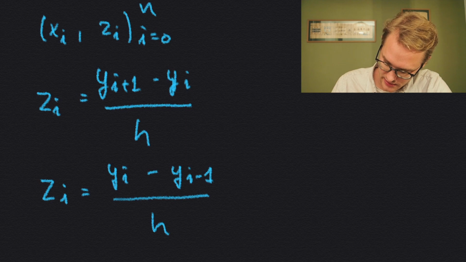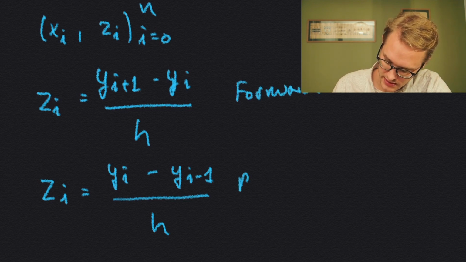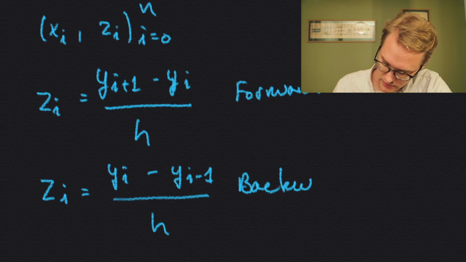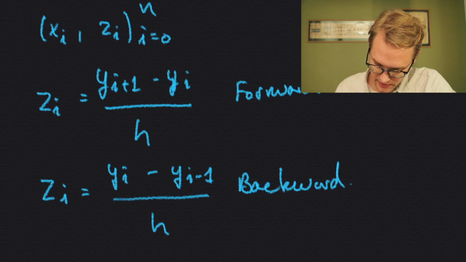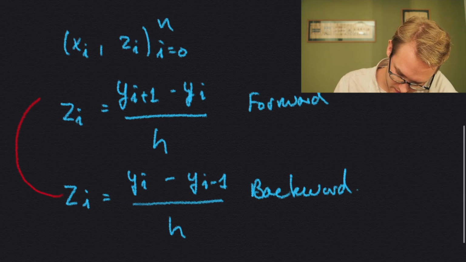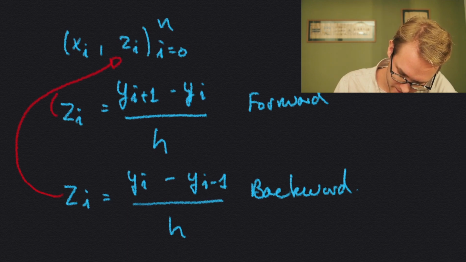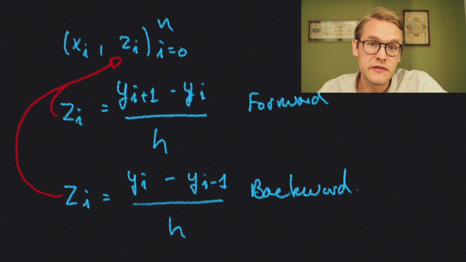So this is the forward formula and this is the backward formula. So now this collection z will be, these are the same, and this will be a discrete version of the derivative of the function f.